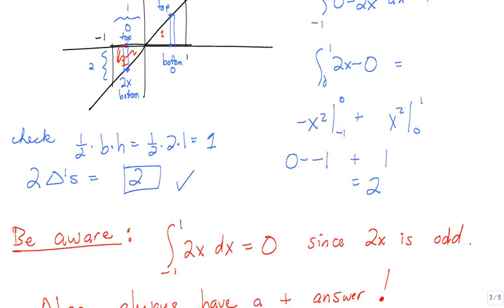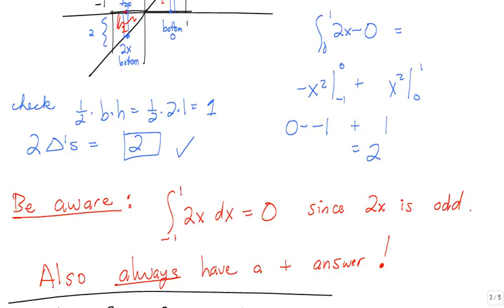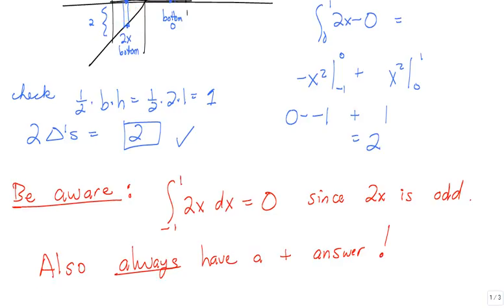So if you just integrate it, you'd get 0, and that doesn't represent the area of those two triangles. You also have to have a positive answer when you do this. So those are two things to be aware of: that you may have to split up the integral, and you can use symmetry, but you always need a positive answer, since you're talking about area.